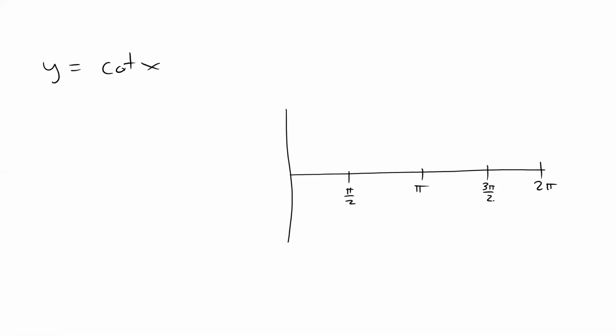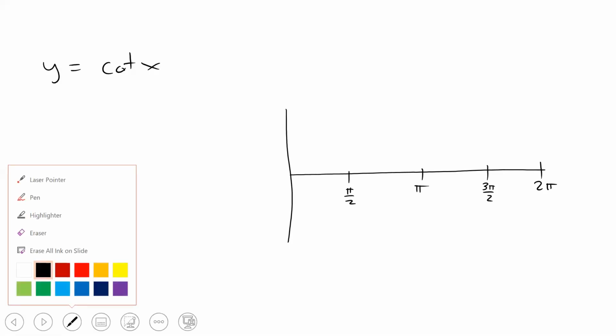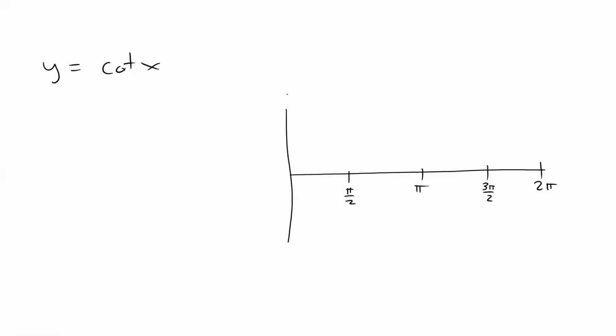All right, go back to your tangent graph on the sheet of paper that you drew, and give me any zeros for tangent. Where are my zeros for tangent? 0, perfect. Anytime I have a 0 for tangent, I'm going to put in asymptotes for my cotangent.